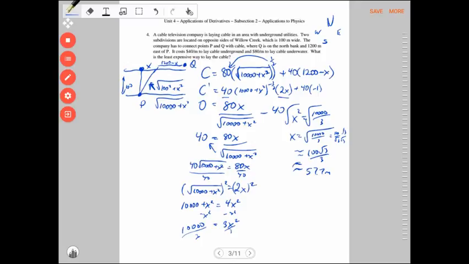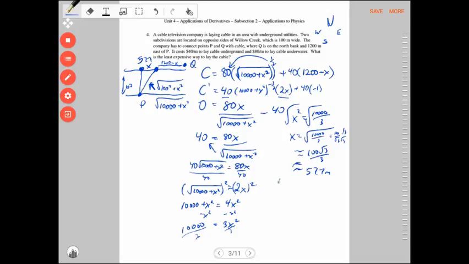Now that we know x is 57.7 meters, that goes up here. So really what the company has to do is lay cable underwater to a point 57.7 meters across Willow Creek, and then lay cable underground the rest of it.